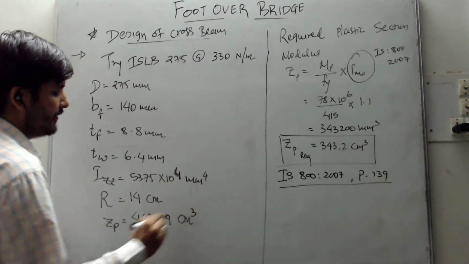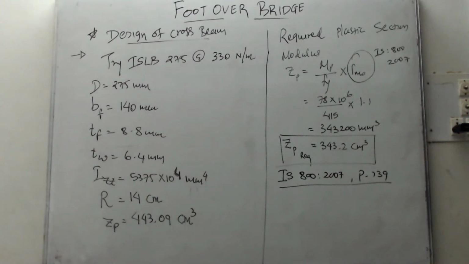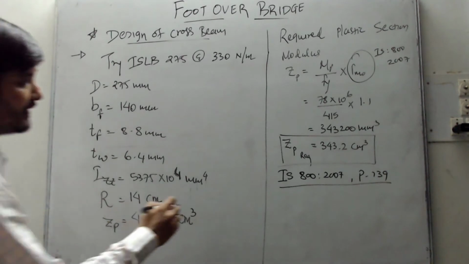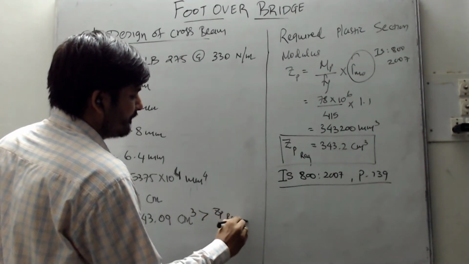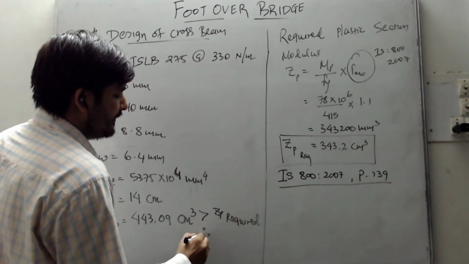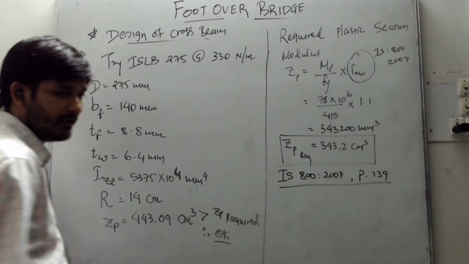Which is greater than the ZP required. Therefore it is okay, and we can select this section.